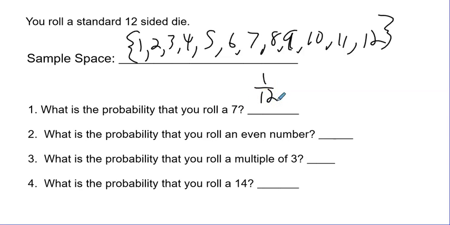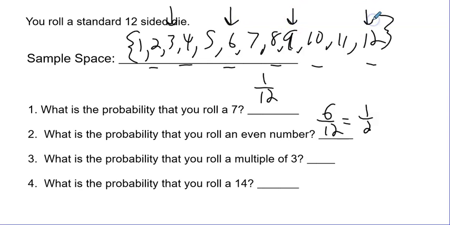What about an even number? Well, let's see. 2, 4, 6, 8, 10, 12. 1, 2, 3, 4, 5, 6. That's 6 out of 12. Also known as half of the numbers. What about a multiple of 3? Well, let's see. We have 3, 6, 9, 12.